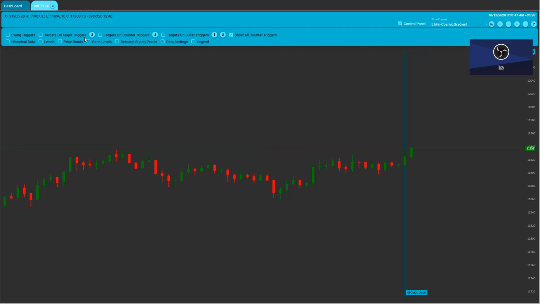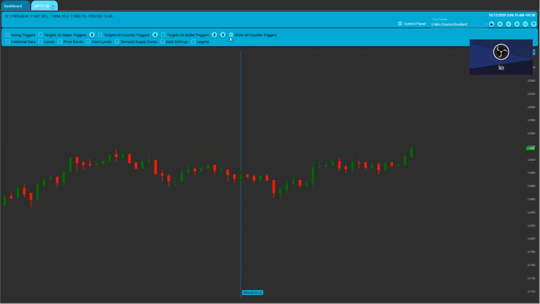Targets on major triggers, targets on counter, these are clear major trend target lines, counter target lines clearance and bullet target lines clearance. This button is meant for clearing all the target lines. Here, show all counter triggers is a checkbox which we have given.